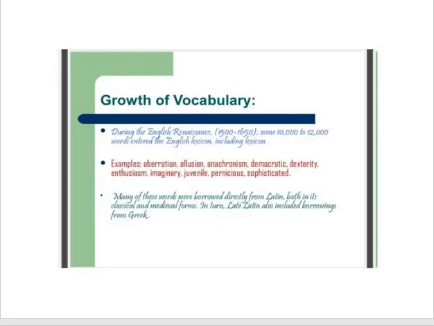Here is the growth of vocabulary during the English Renaissance, 1500 to 1650. Some 10,000 to 12,000 words entered the English lexicon. Examples: aberration, allusion, anachronism, democratic, dexterity, enthusiasm, imagery, juvenile, pernicious, sophisticated.